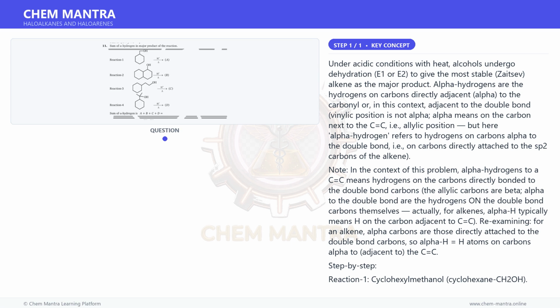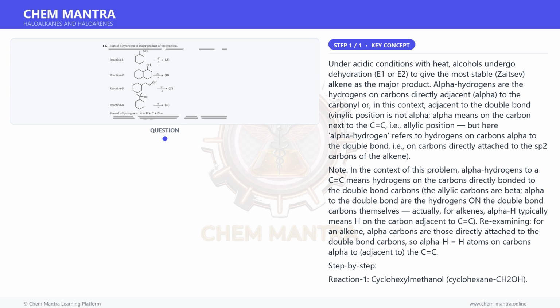The tertiary carbocation then loses a proton to give methylcyclohexene, after rearrangement and Zaitsev, 1-methylcyclohexene, more substituted. Major product, 1-methylcyclohexene. Alpha H count, carbons alpha to the double bond in 1-methylcyclohexene are C3, 2H, and the methyl group carbon, 3H, equals 2 plus 3 equals 5.